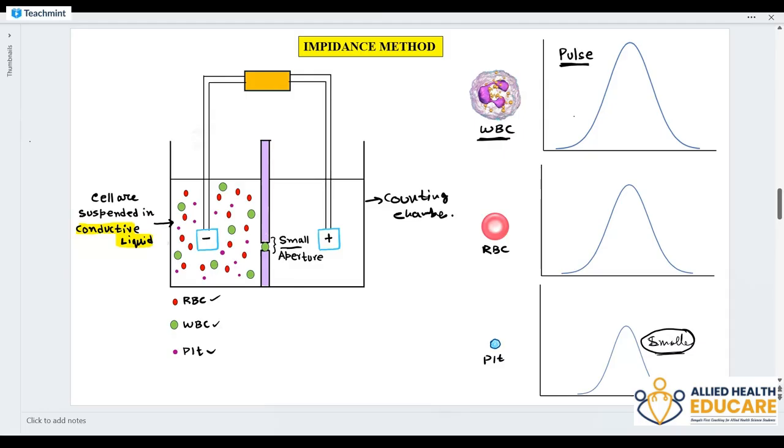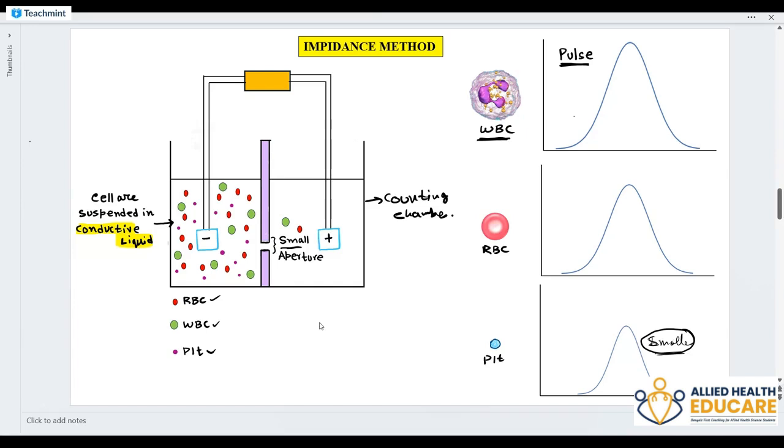As the cell passes through the aperture, it may be WBC, platelet, or RBC, a resistance is created, and this resistance is converted to a pulse. The machine counts the pulses in a given time.